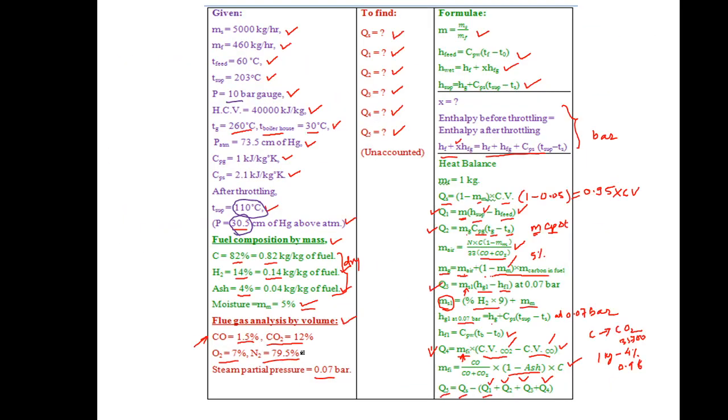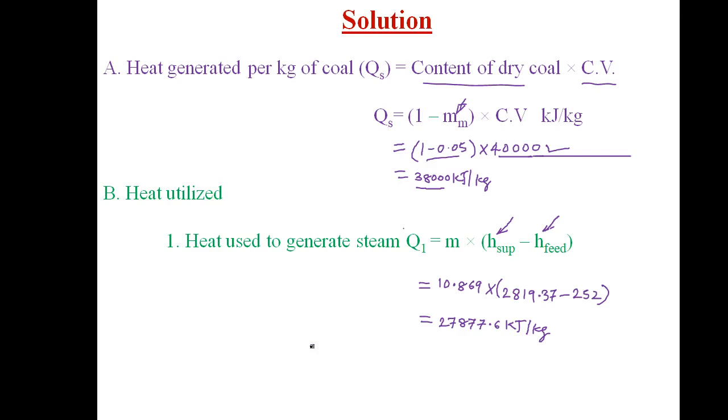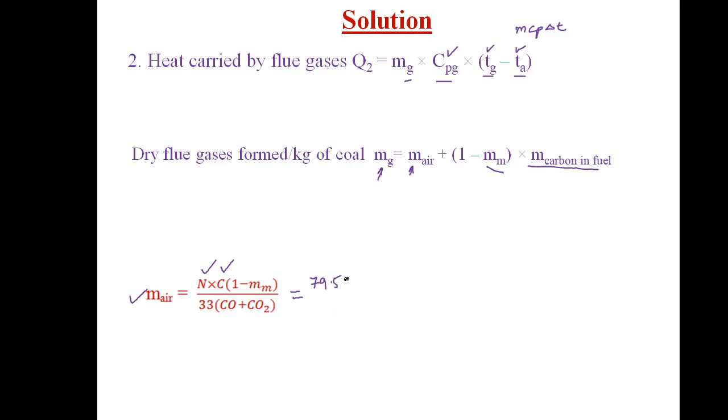So percentage of nitrogen in the flue gases is 79.5, and percentage of carbon in the fuel is 82%. 1 minus mass of moisture 0.05, divided by 33 as it is into CO plus CO2.